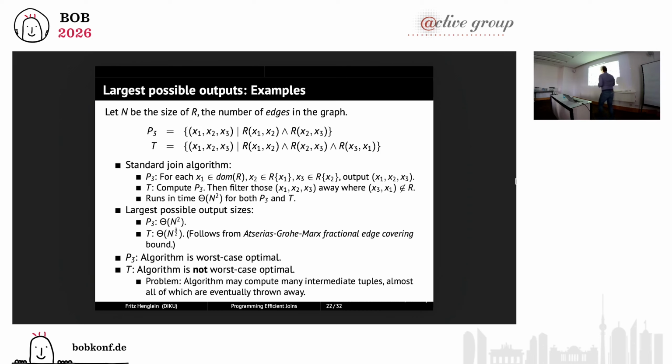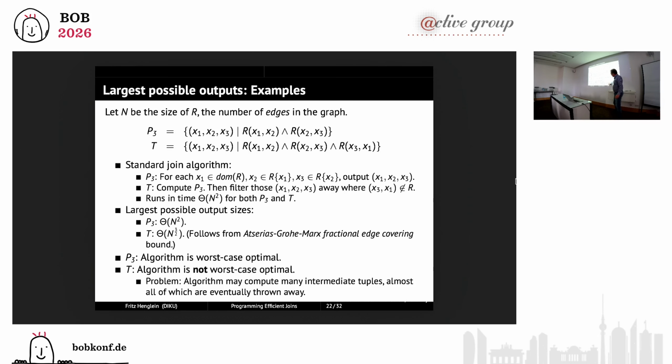So at most N to the 3/2 survive. That means that the output of this triangle query is much smaller in general than that of a path query, okay? And worst case optimal basically means that now we have less time to compute it, because the worst case output is only this. So can we find a worst case optimal algorithm?